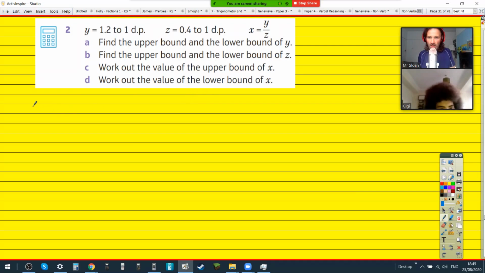I'm going to say A is equal to y minus z. What is the upper bound of A? Y is 1.2 to 1, so 1.25 would be the upper bound of y. And it will be 0.45 the upper bound of z.